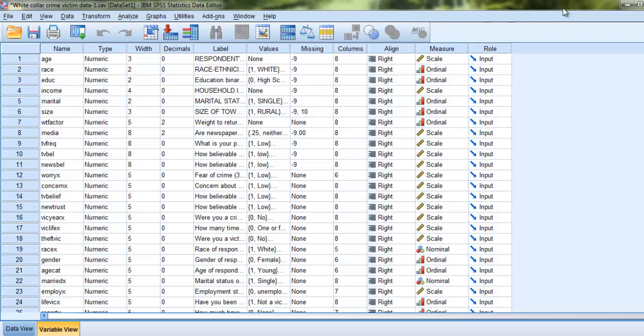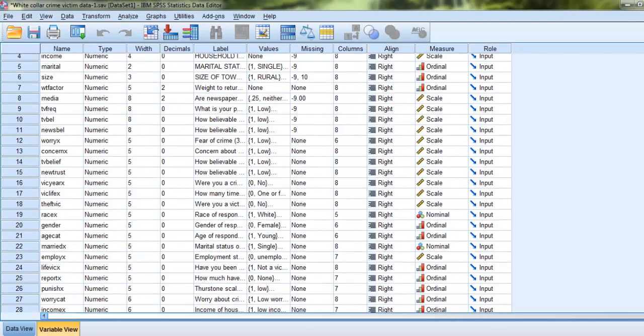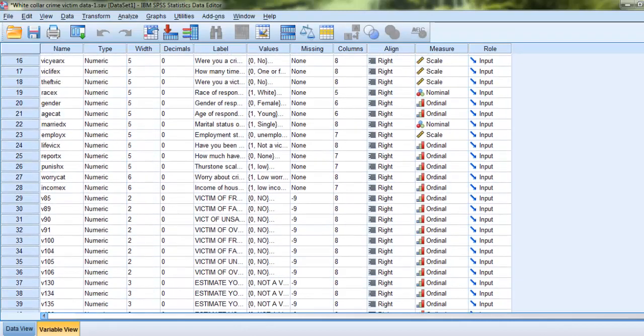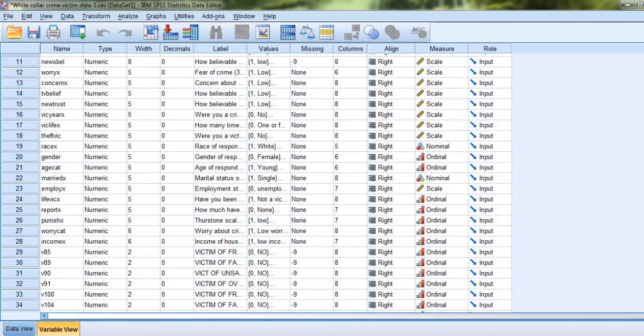So our research question here, let's ask, is there a relationship between being a victim of crime and fear of crime? If I try to find these variables listed in the SPSS dataset, I can find victim of crime, and we see it at row 16.